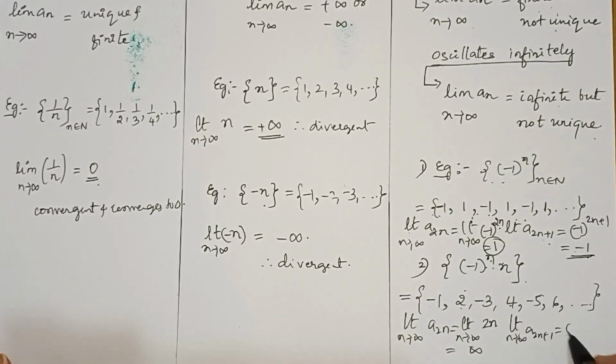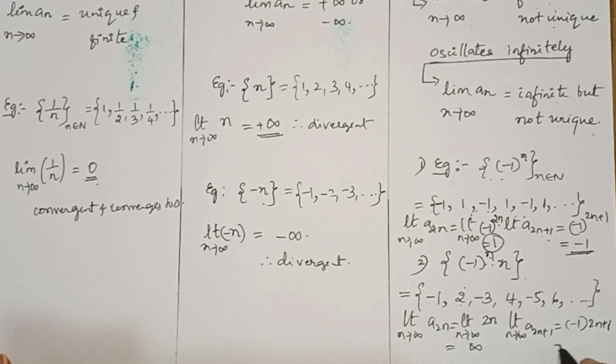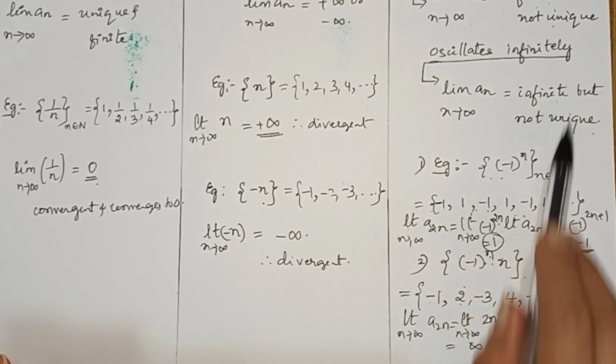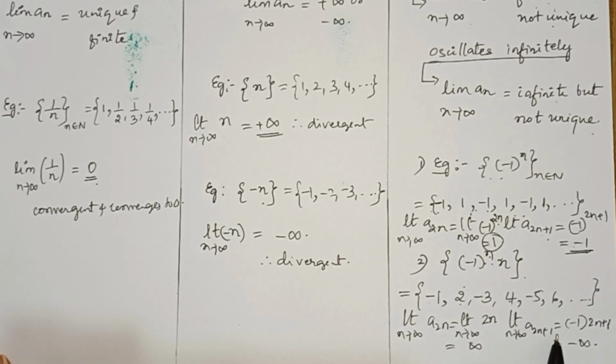Similarly, here (-1)^(2n+1) is -1 times (2n+1). Apply the limit, this gives you minus infinity. That means the limit is infinite, but it is not unique. Once it is plus infinity, once it is minus infinity. Hence, this is an oscillatory sequence and it oscillates infinitely.